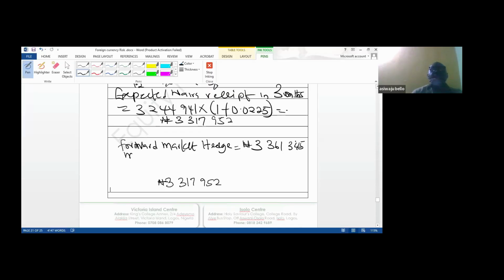For money market hedging, the Naira receipt is 3,317,952. If you compare this, the forward market hedging will give more.